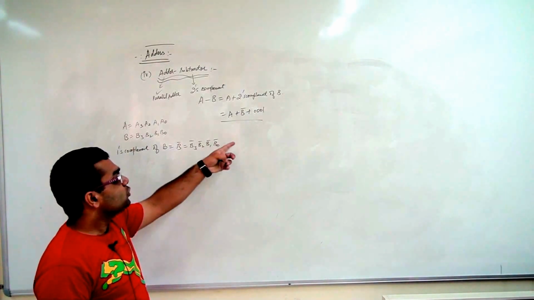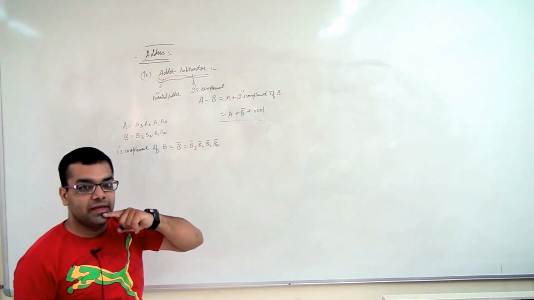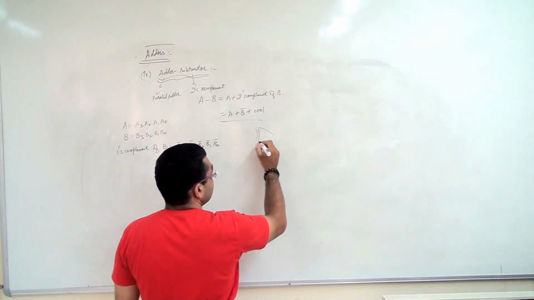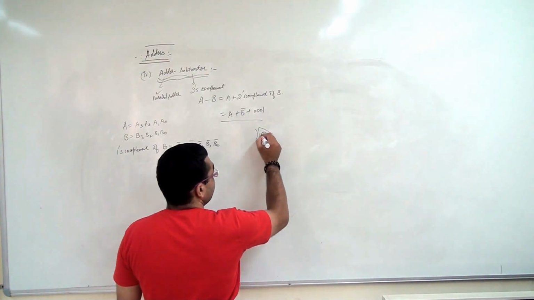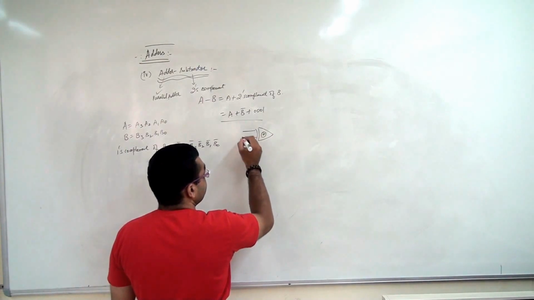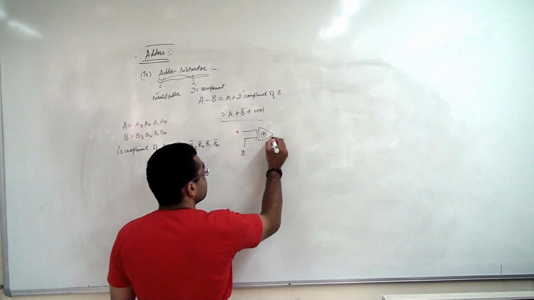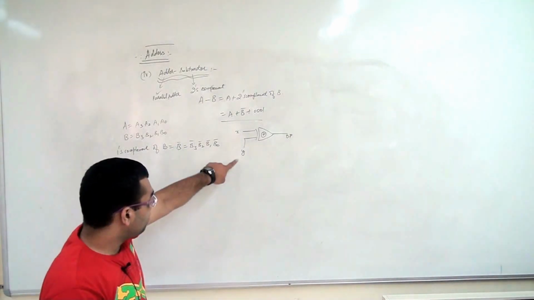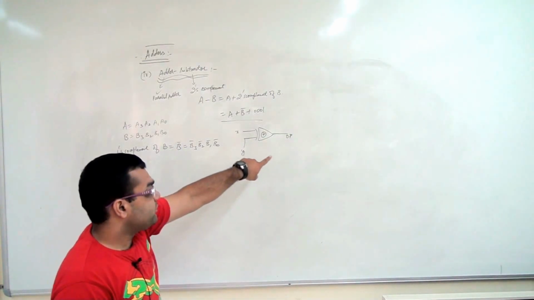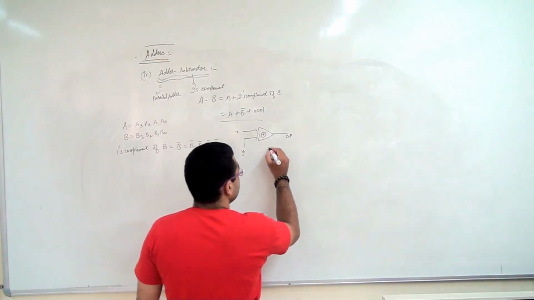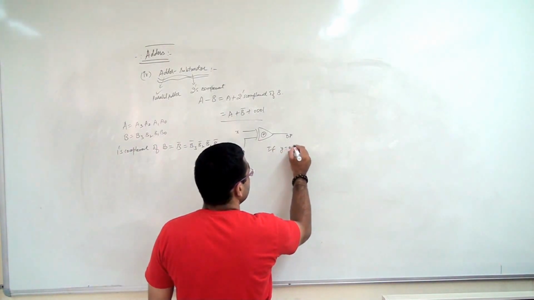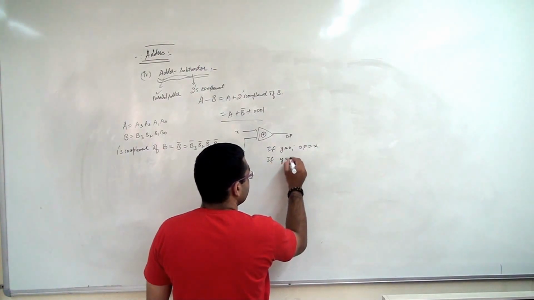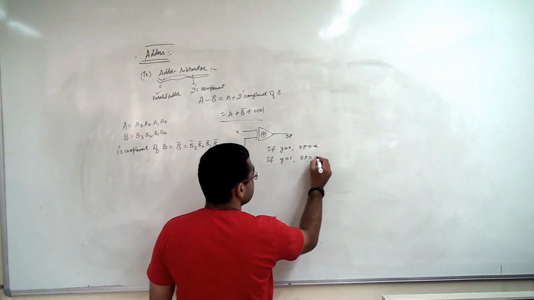Now what we'll do, we actually make use of the XOR gate. If you remember, when we did the logic gates, we talked about the 2 properties of the XOR gate. If I have x and y, if we hold y as 0, the output will be x, that is if y equals 0, output will be equal to x, and if y equals 1, then output will be equal to x bar.